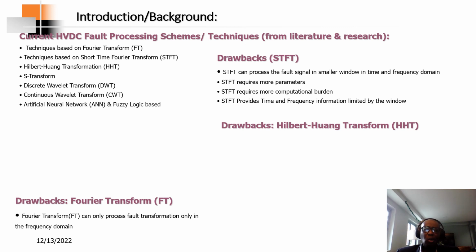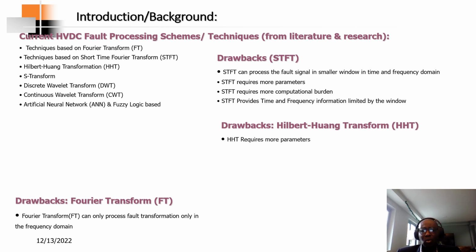Now let's talk about the drawbacks with Hilbert-Huang transformation. Like I made mention, these are all based on research and literature, with the hope that by the year 2025 to 2030, there's going to be a protective relay, an HVDC protection relay, that will be based on these algorithms.